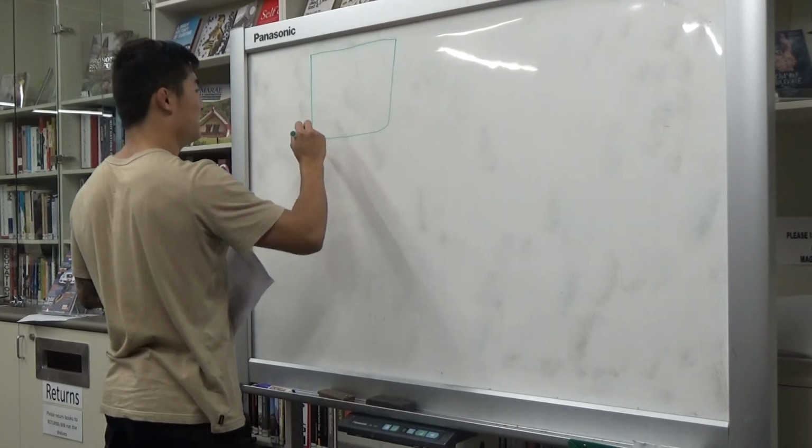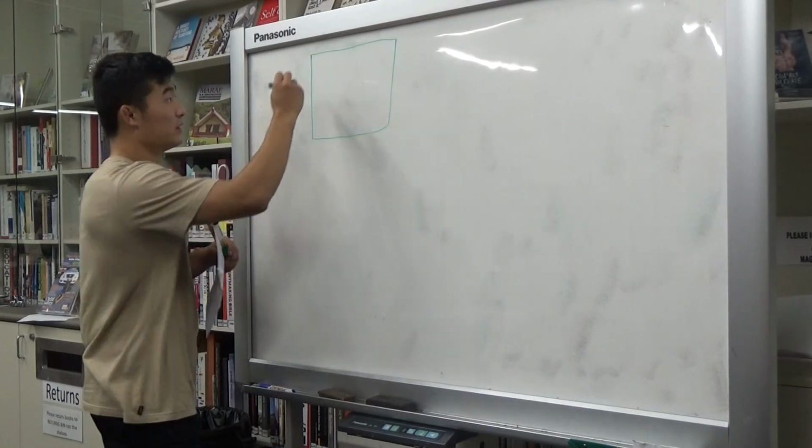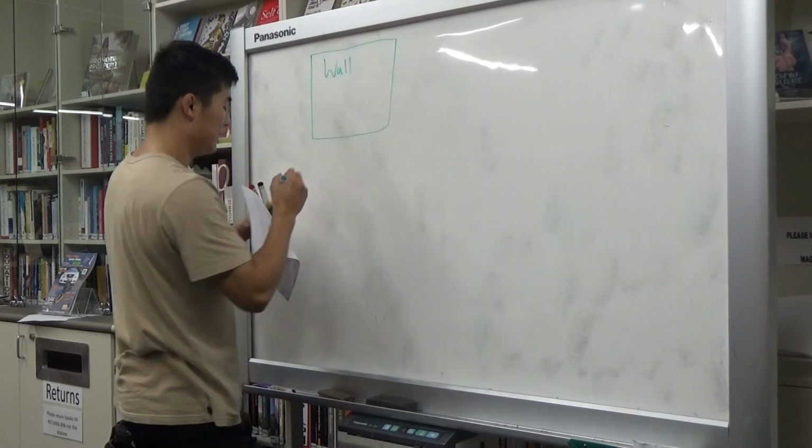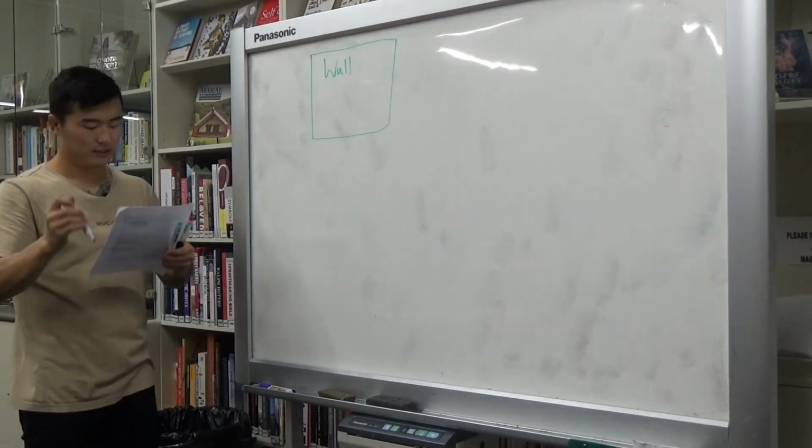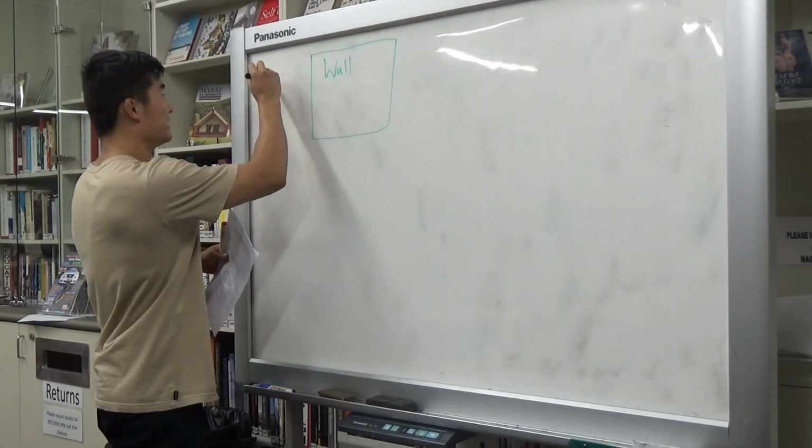So we have a wall. This is our wall. And the inside temperature is 20 degrees Celsius.